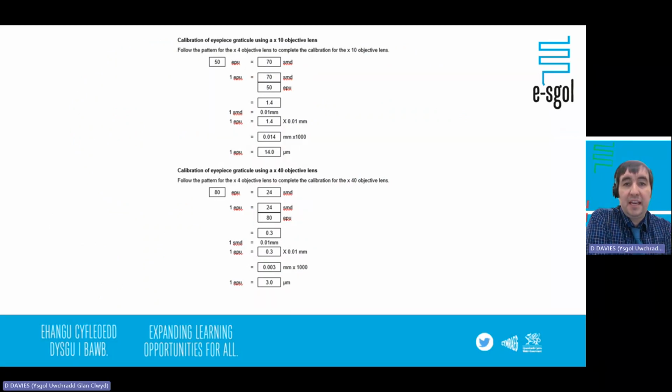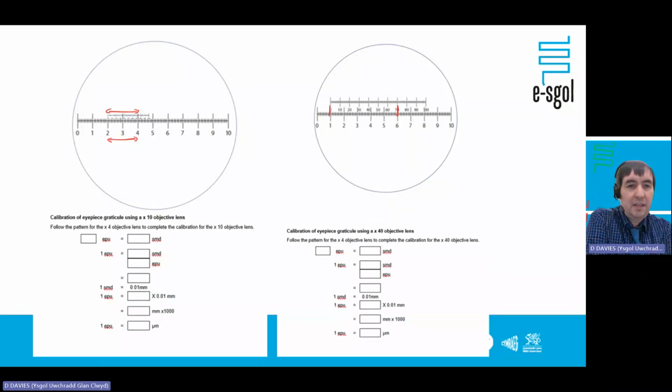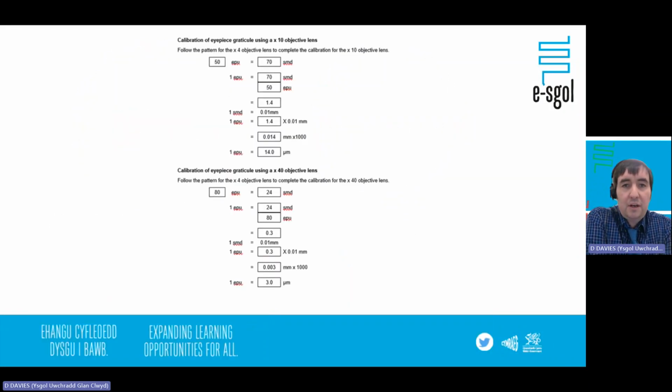Okay, so the times 10 objective lens, they've gone for 50 and 70 eyepiece units. So 70 eyepiece units on the eyepiece graticule and 50 units on the stage micrometer. 70 divided by 50 is 1.4, multiply by how much one stage micrometer division is.